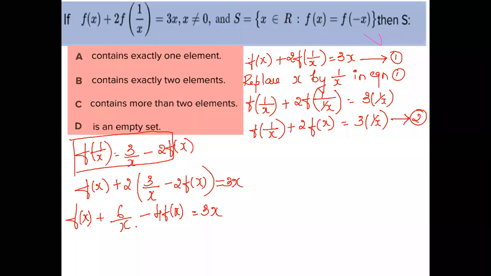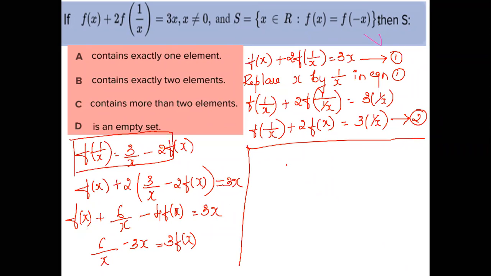So now keep f of x on one side and take the other terms to the other side. What I'll do? 6 by x minus 3x. So you know that f of x minus 4f of x is minus 3f of x. If I take minus 3f of x to the other side, it becomes 3 into f of x.